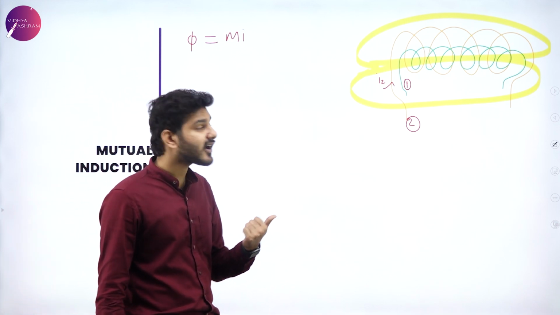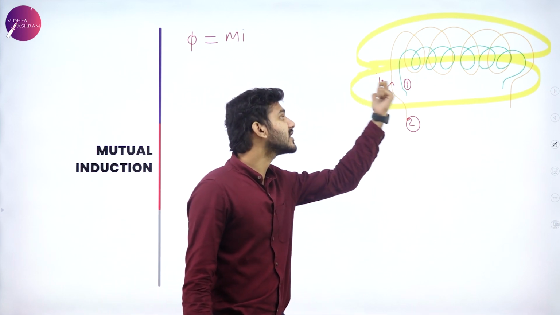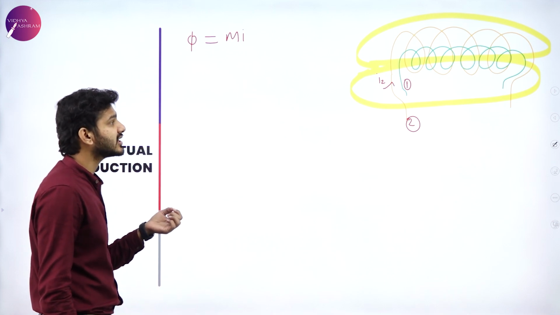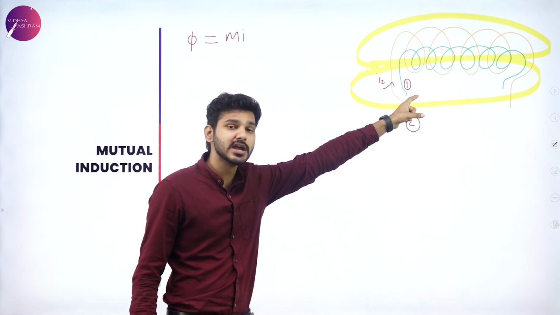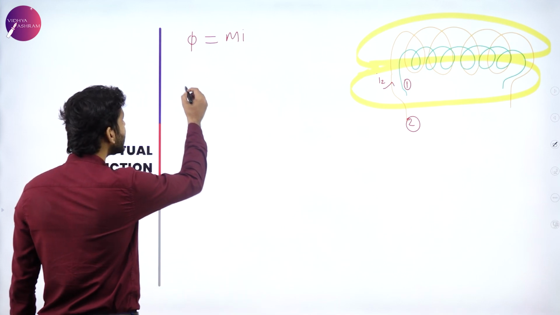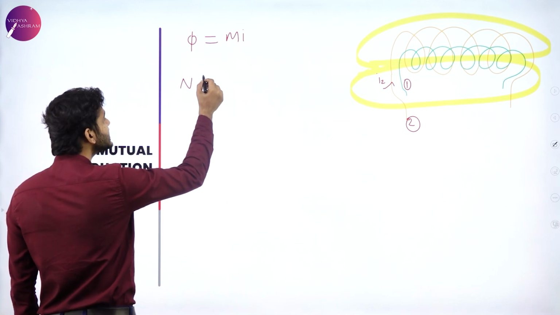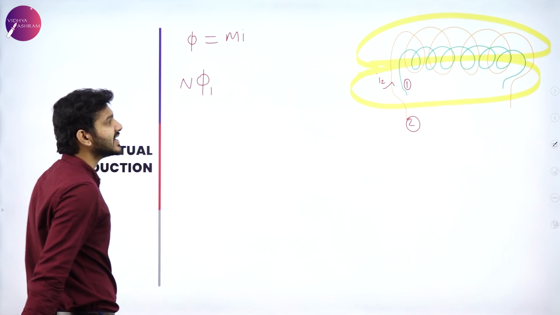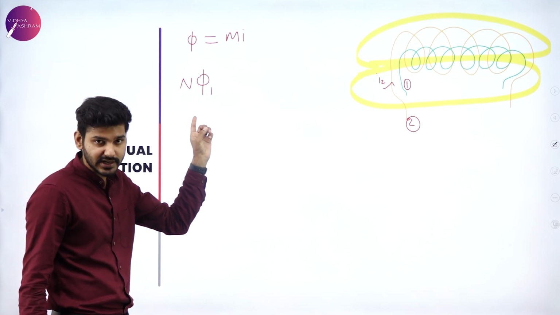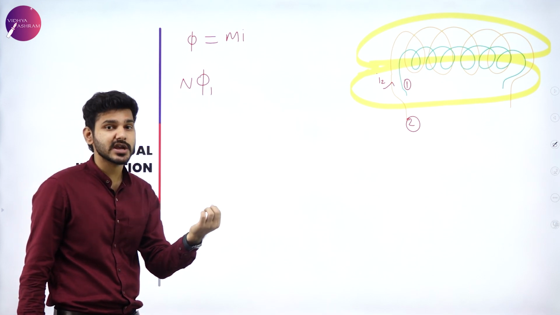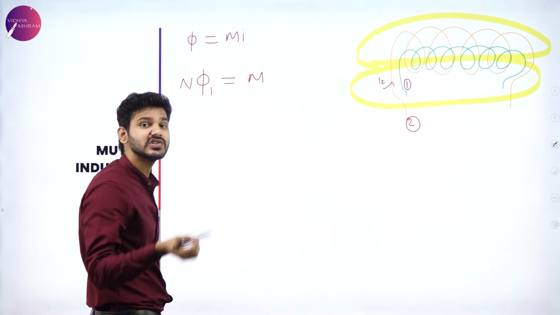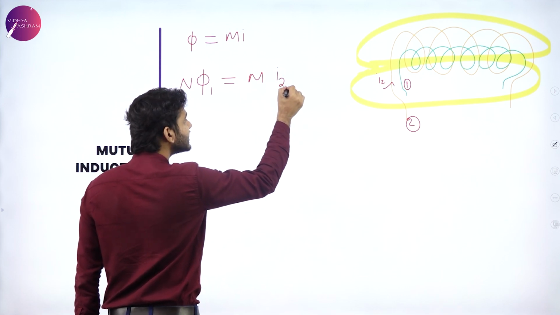Here now we are going to specify, is it because of the first coil? Is it because of the second coil? So we are going to specify it using numbers. So here I am going to consider the flux change in the primary coil due to the current that is flowing through the secondary coil. So there are n number of turns in coil 1 and the flux associated with the primary coil is changing because of the current that is changing in the secondary coil.